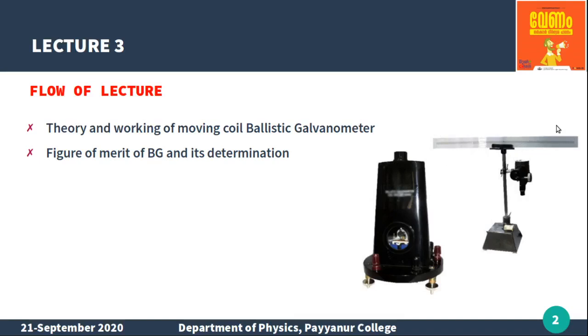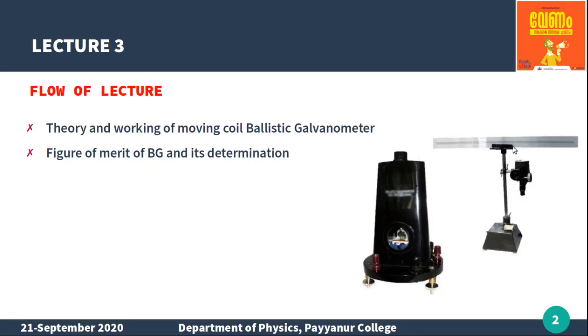So that throw we will get, because when current passes, the coil suddenly experiences a torque. When it experiences a torque, it starts rotating. When it starts rotating, the suspension wire is twisted. When twisting, the mirror gets twisted, or the mirror starts deflecting. When it starts deflecting, the light which falls on that mirror also moves, oscillating to both sides. That reading we will get on the scale.